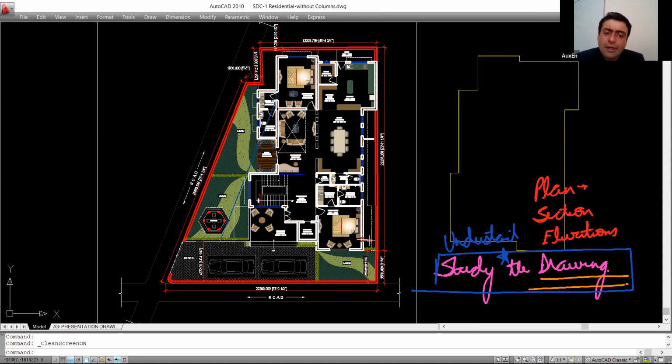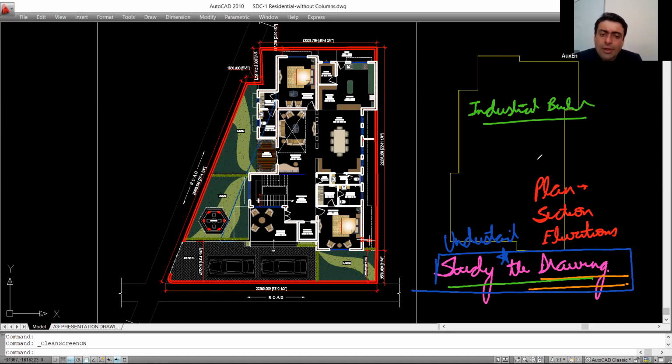For example, if you are doing industrial buildings which have a lot of machinery and a lot of inputs that you need to correctly understand, and there are a lot of levels, different elevations, sections, etc., then it takes a long time to study the drawings. So studying the drawings is extremely important.